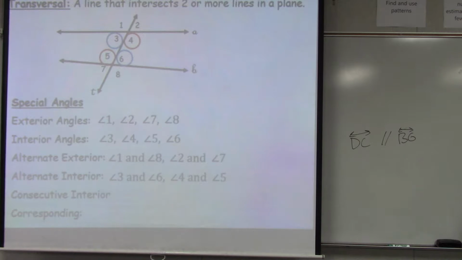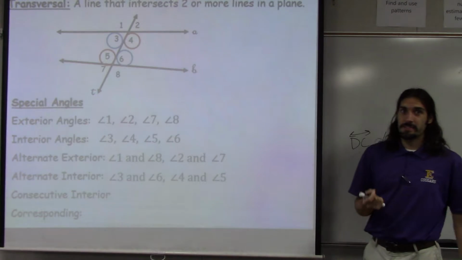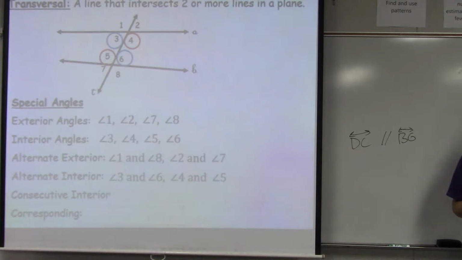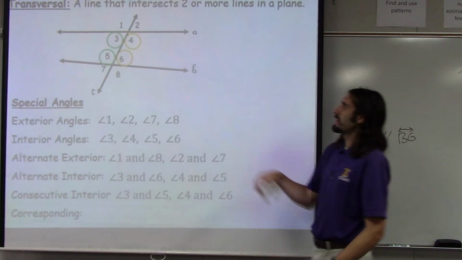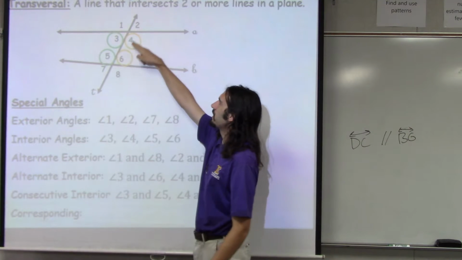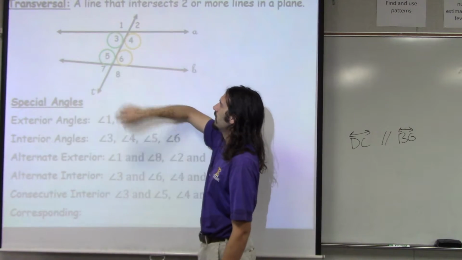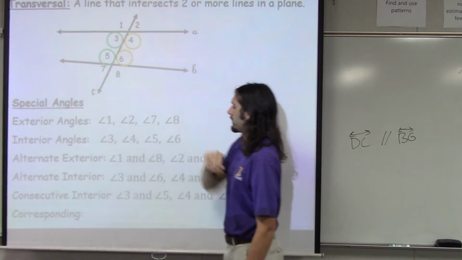These group together a little bit differently. Interior, so we're thinking inside, and then consecutive, meaning they match up together. They're in essence next to each other. So you have this as a pair of consecutive interior angles, and 3 and 5 as a pair of consecutive interior angles.